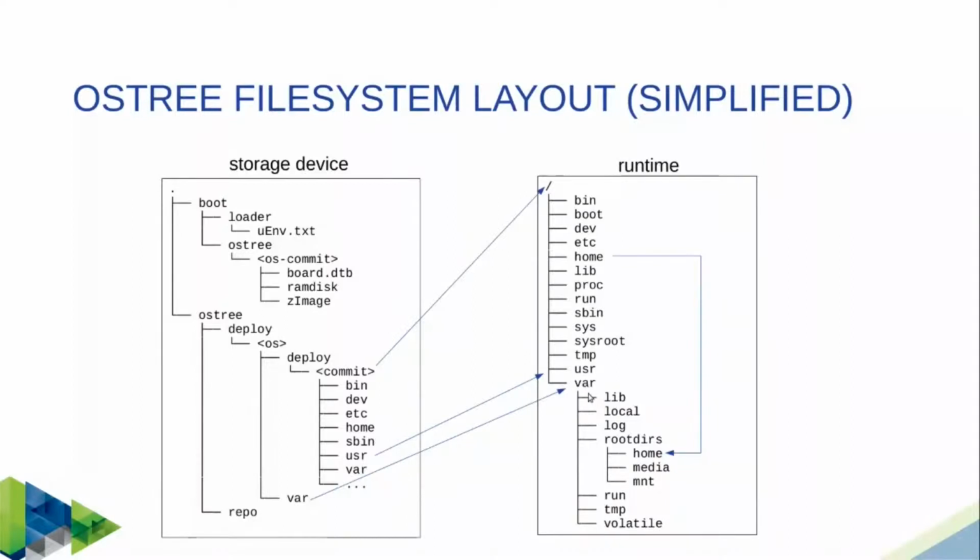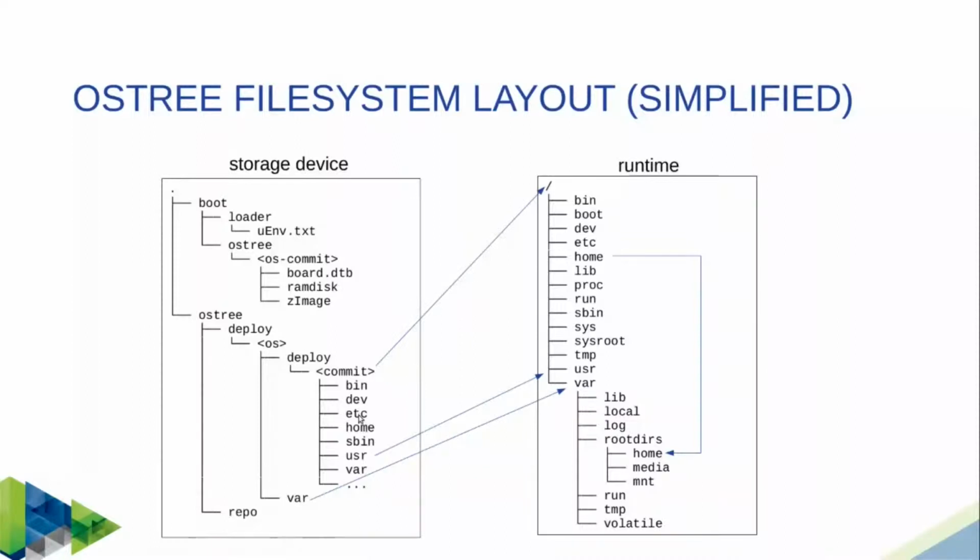And the /var directory, we can see here that it is also bind mounted, and it will point to ostree/deploy/var. So we can see here that if we do another deployment, for example, you are updating your system, the var directory will be shared between deployments. So you will keep your runtime data between updates, right?